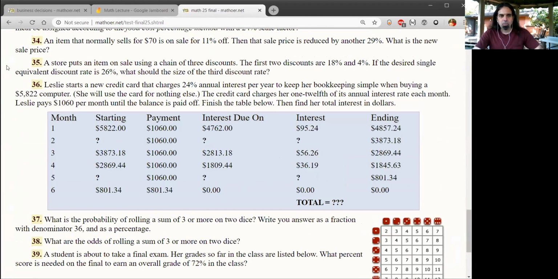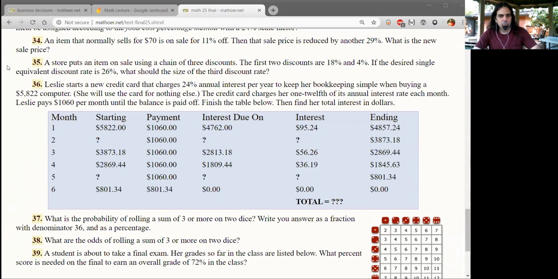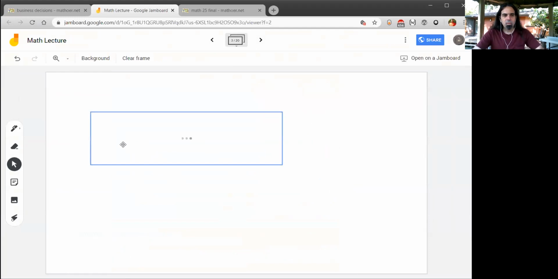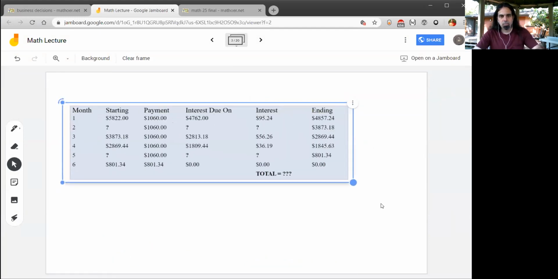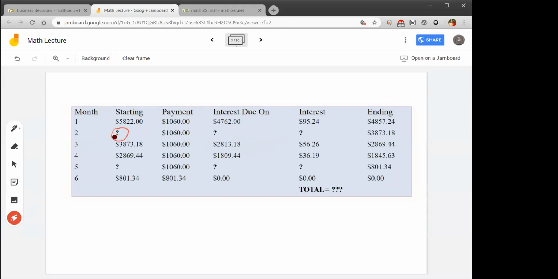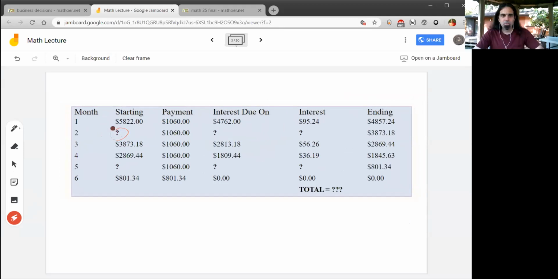So I'm going to copy this table. Who cares about the word problem above it for now? So this number here, you can just tell me. 3,873.18. No, the question mark, not the one below it.